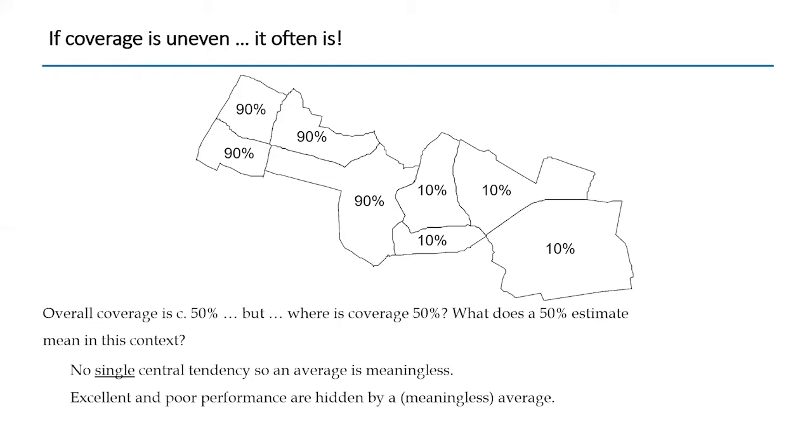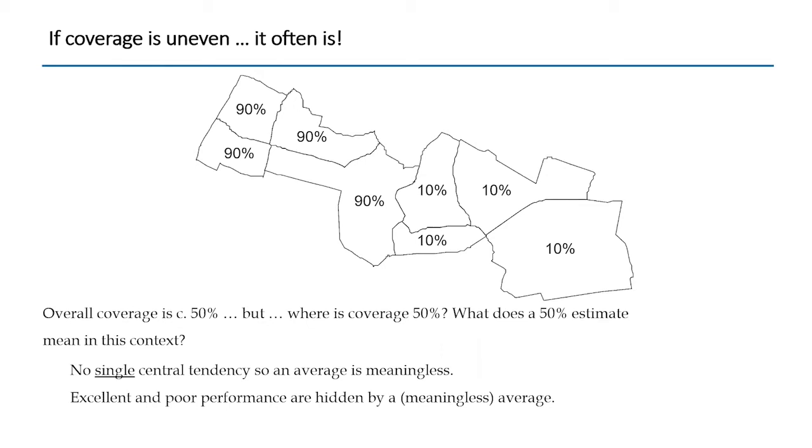So in this case, we've got no single central tendency in the coverage. So the average is, I think, without meaning. And I think what happens is that the average hides excellent performance, 90% coverage, and poor performance, 10% coverage. And it's hidden by this 50% average, which is roughly, in the Sphere standards for a therapeutic feeding program, the minimum standard.